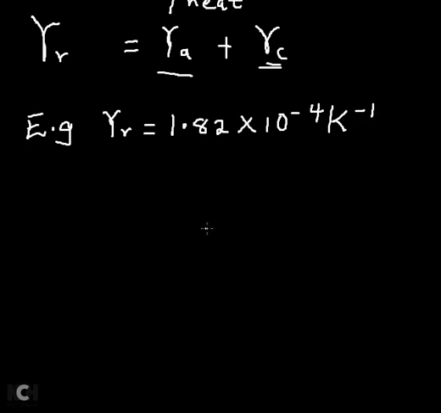And the linear expansivity of glass, which of course contains the mercury, is given according to the question to be equal to 8.0 times 10 raised to the power of minus 6.